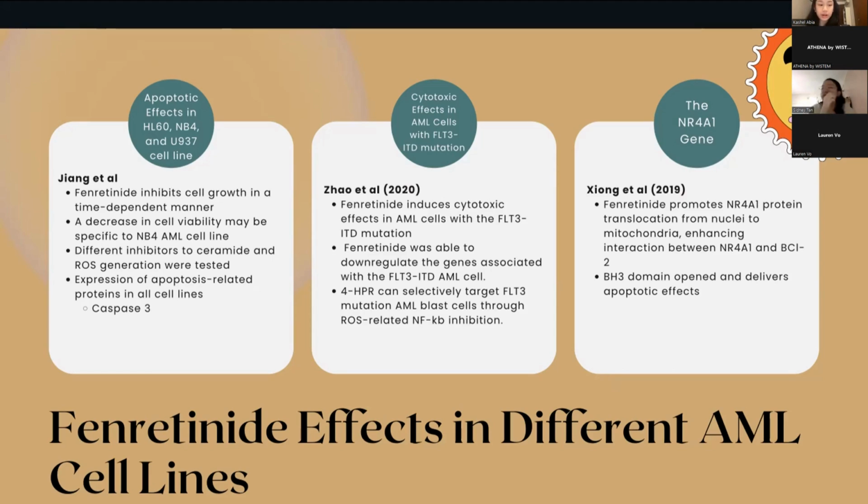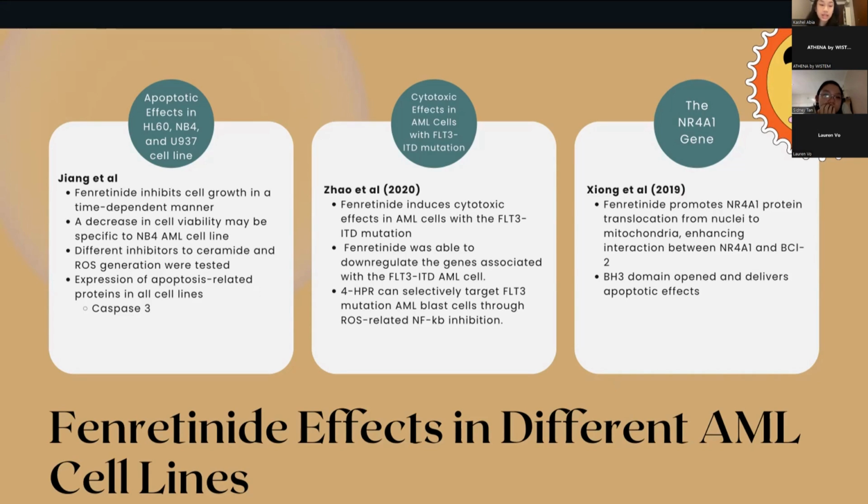Next, we also found that fenretinide can also express apoptosis-related proteins in all cell lines. For example, when they conducted their Western blot analysis test, they found the presence of caspase-3, which is one of the proteins that actually promote apoptosis or cell death.